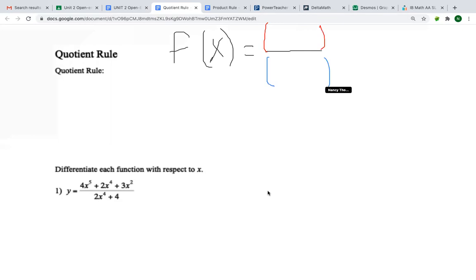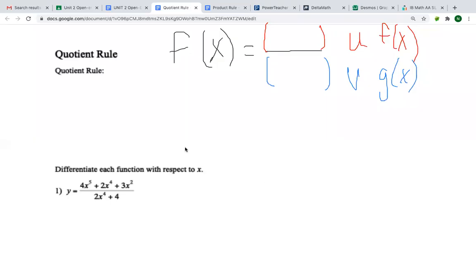You can call this one U or F of X, and this is V or G of X. Whichever one you want to call it. IB calls it one, and the other one, Delta Math calls it another.